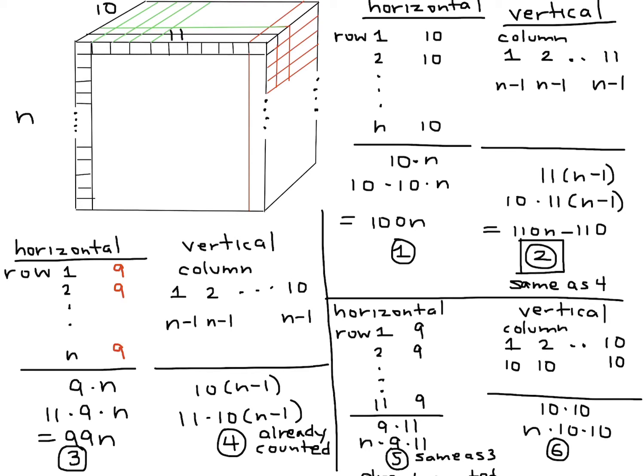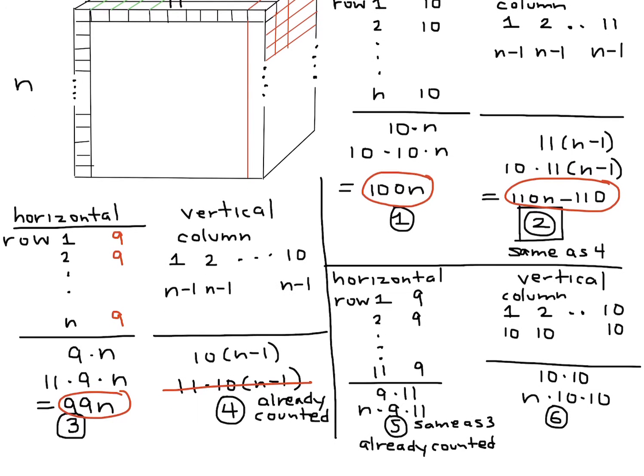Now what we have to do is add up the scenarios, except for the ones that we counted twice. So I'm going to include 1, I'm going to include 2, I'm going to include 3. 4 is already counted, so I can't include that. 5 is already counted, so don't need to include that.